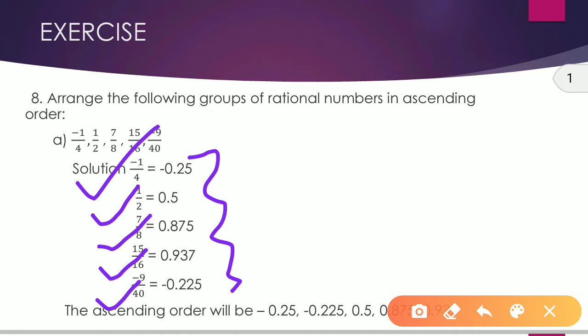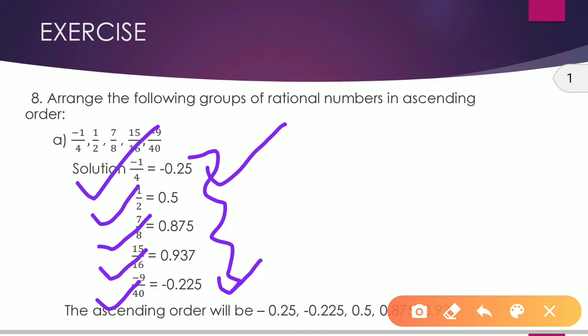So how to compare the rational numbers? Students, I have already told you that a negative number is always less than a positive number. So here minus 0.25 and minus 0.225 have a negative sign. First find out which number is smaller of these two.